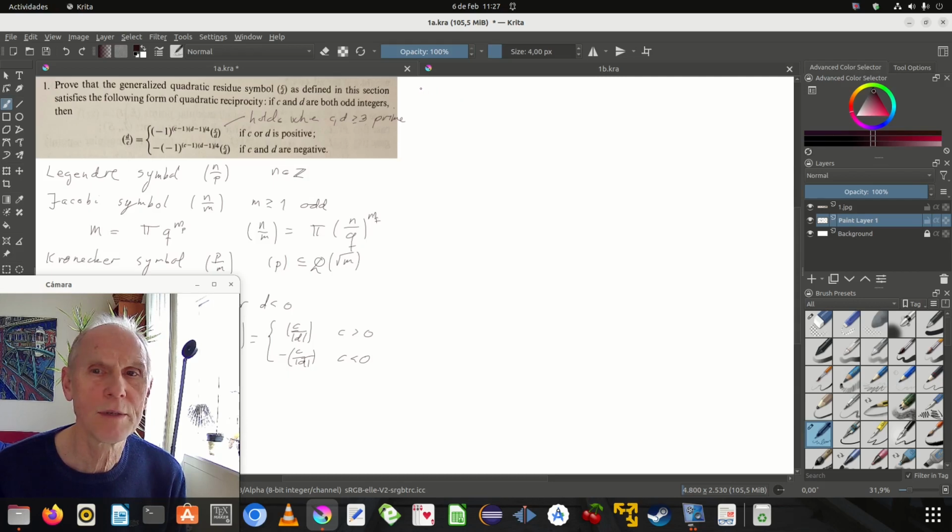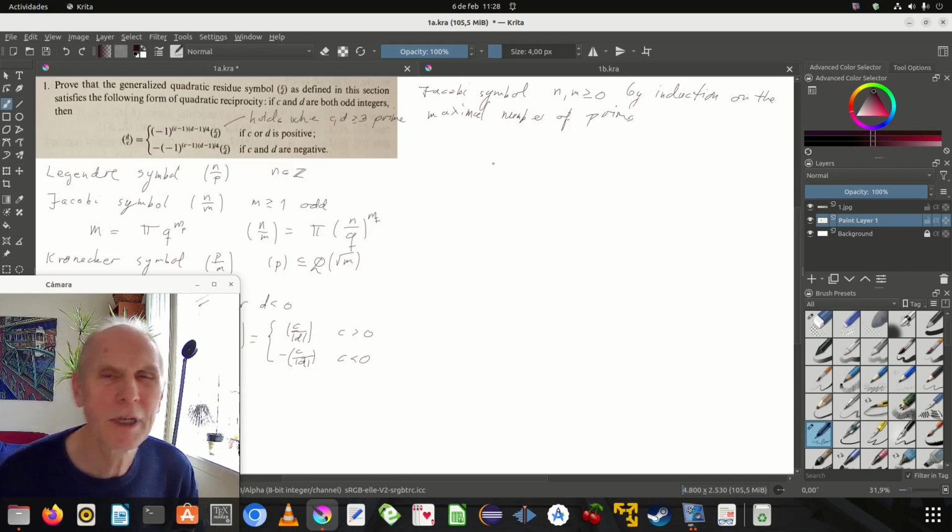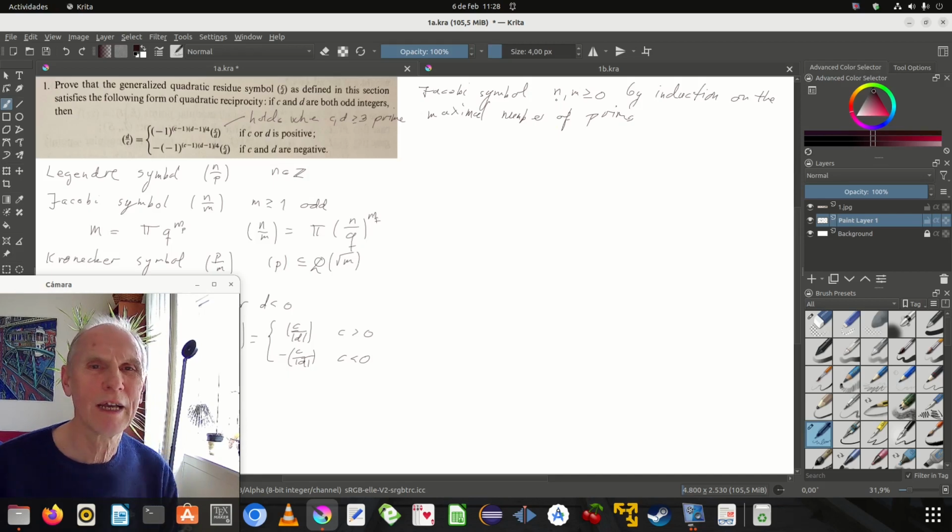So, Jacobi symbol. And maybe it will become even more clear by adding one in the numerator and one in the denominator at a time.